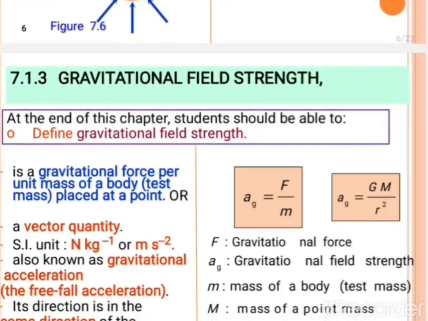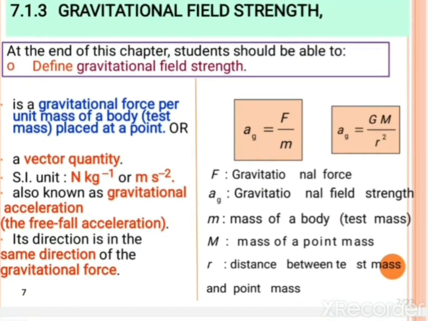We go to the gravitational field strength formula. What is gravitational field strength? Gravitational field strength is gravitational force per unit mass of a body placed at a point. Look at this formula, Ag equal to F over m. This equation comes from F equal to ma, so when we arrange A in front, you get A equal to F over m.